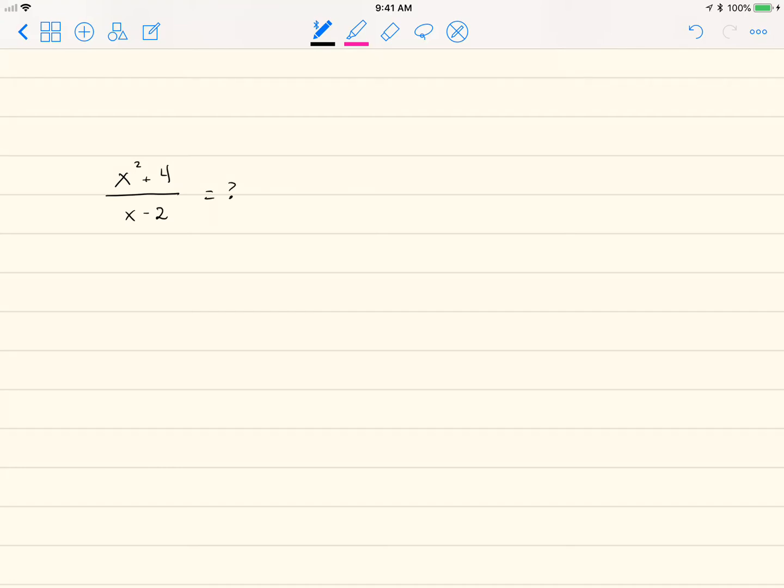Well, we would set it up like this, x minus 2, and then this is x squared plus 4. I would take the leading term of x minus 2 and see how many times it goes into the leading term of x squared plus 4. So I'll say, oh, okay, I need to multiply by x.